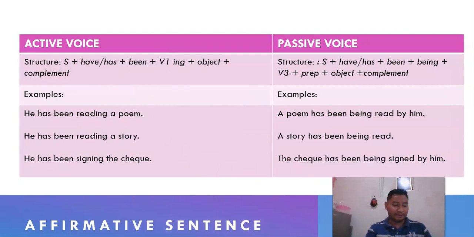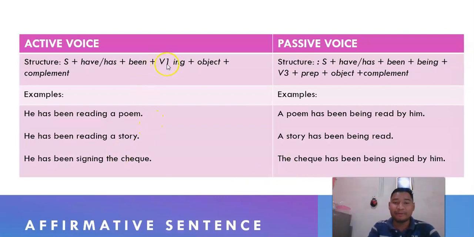Affirmative sentence. Now we can see the difference: to form the present perfect continuous, we use the main verb adding the suffix -ing.